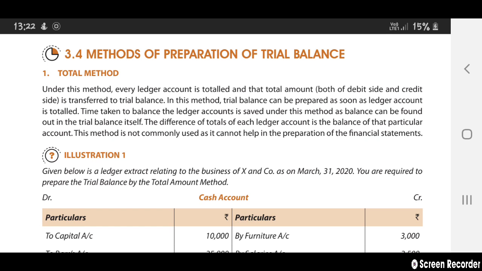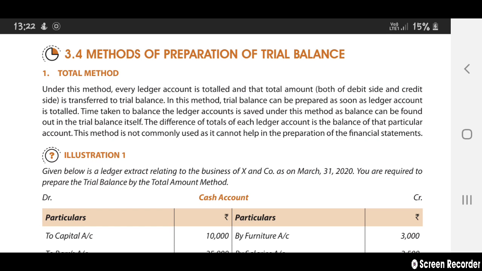The time taken to balance the ledger accounts is saved under this method. The difference between the totals of each ledger account is the balance of that particular account.